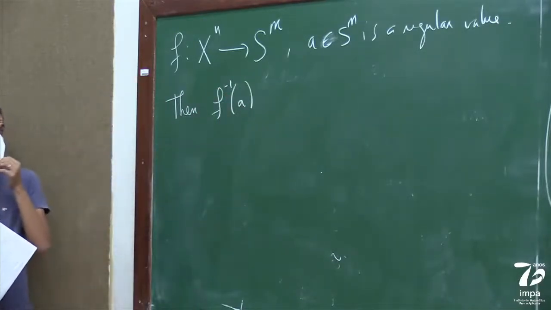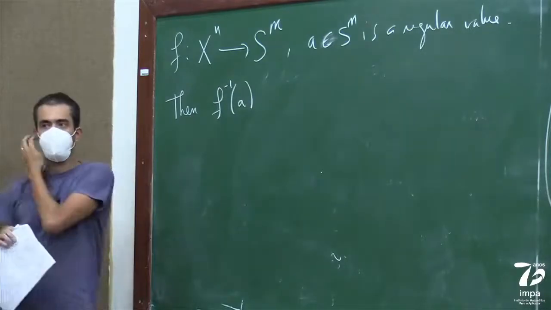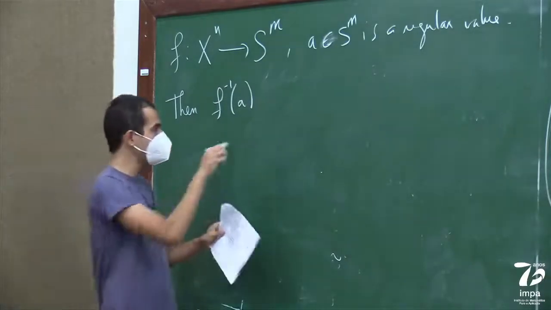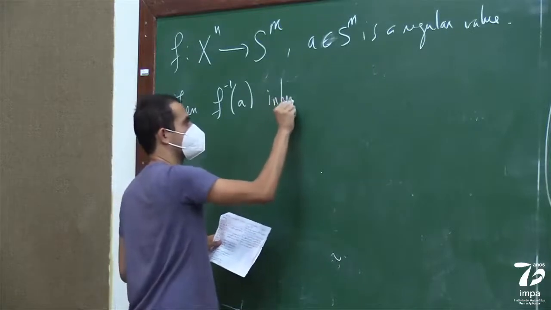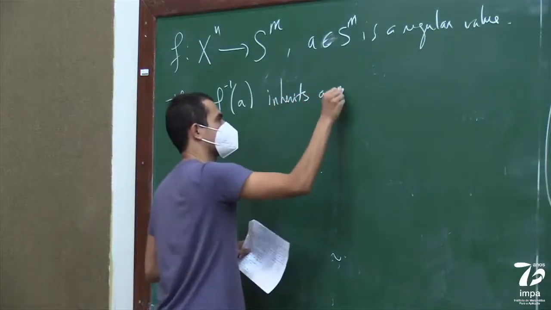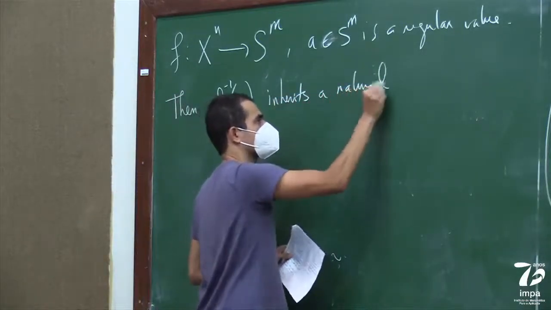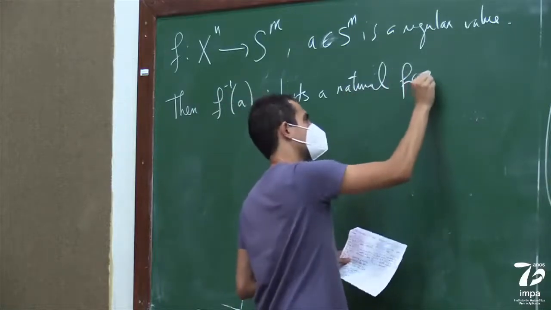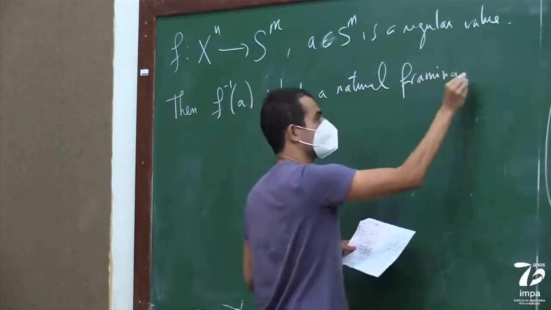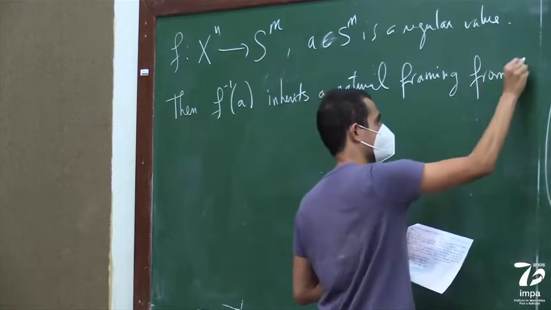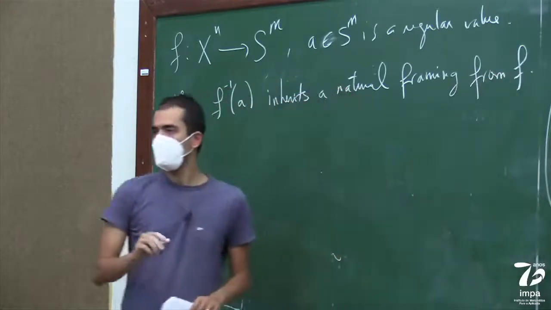But actually the preimage of A is a framed submanifold. So it inherits a natural framing from F. And how does that work?